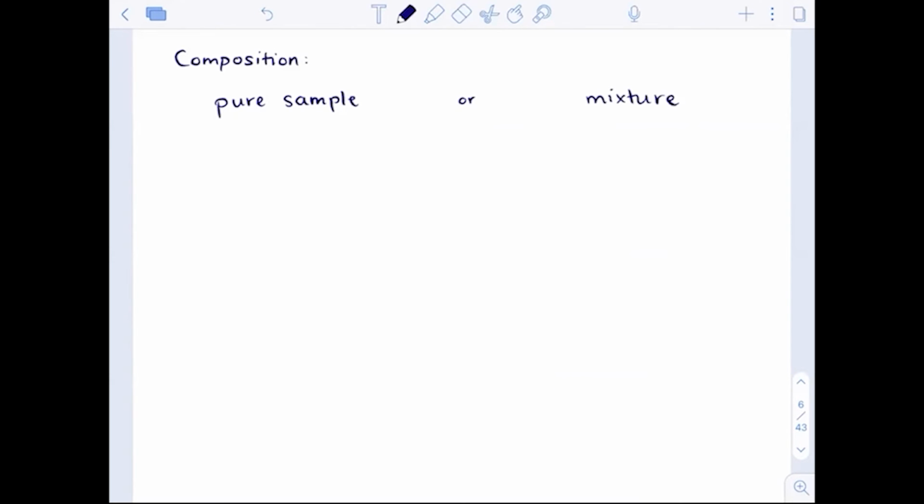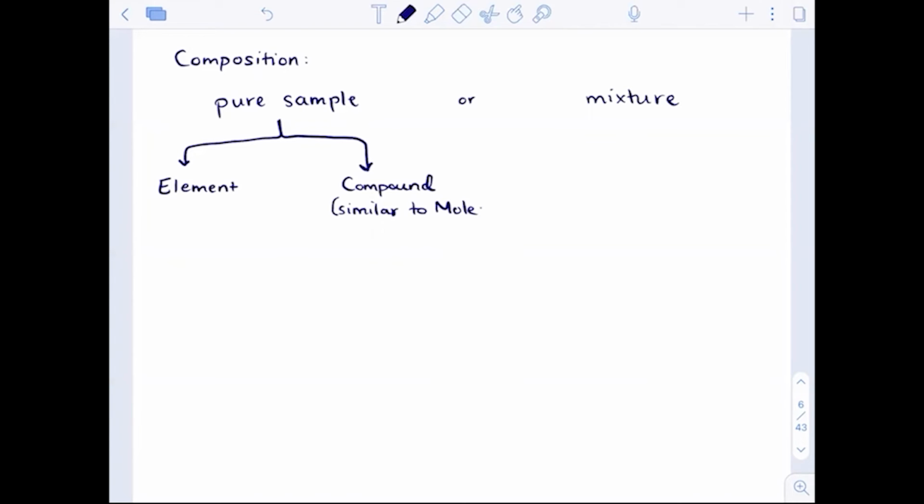Now, a pure sample can have a couple of different definitions. We're going to talk about 2 main ones. A pure sample being an element, or it can be a compound. Compound and molecule are very similar.